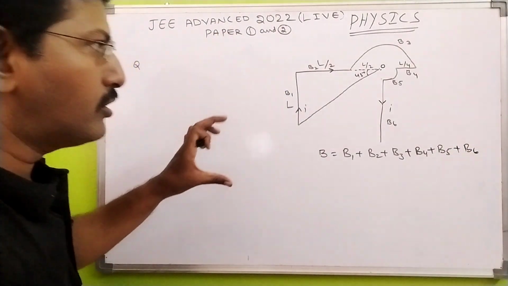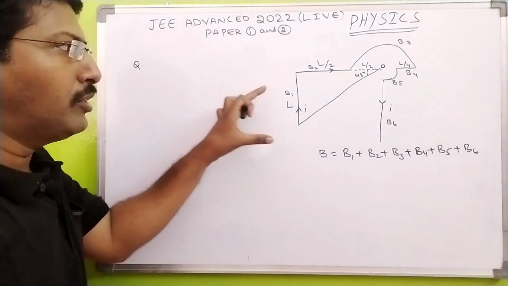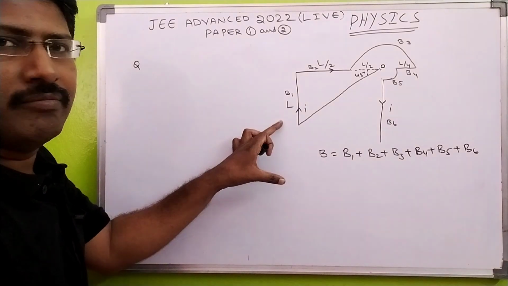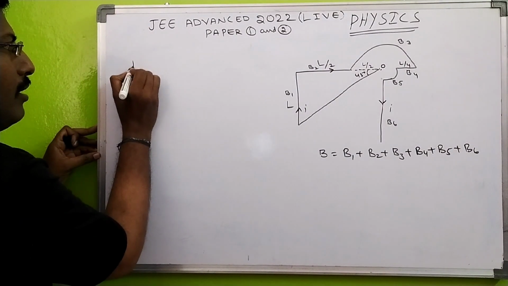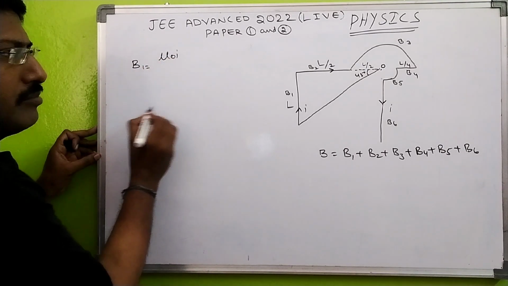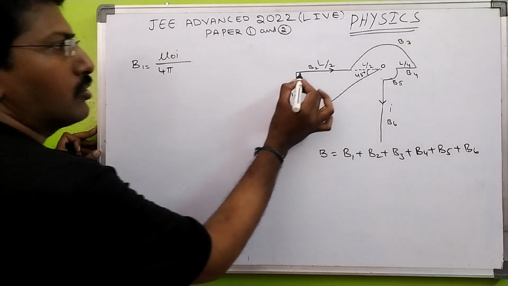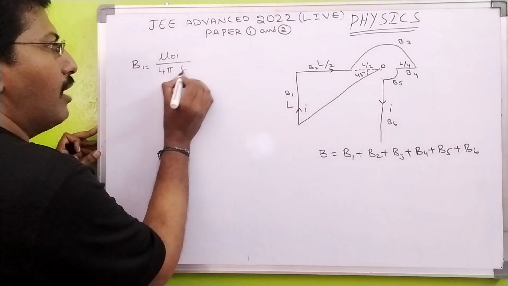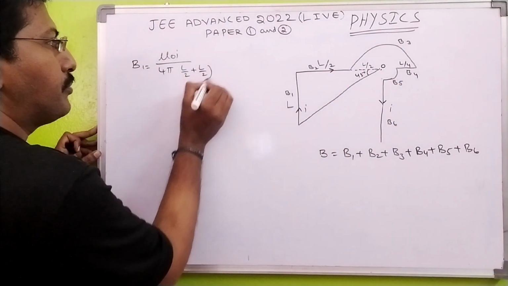Okay. So see here, first one B1, the magnetic field due to a finite wire at one end. In this situation, the formula is B1 equal to mu naught I by 4 pi L, from here to here L by 2, and from here to here plus L by 2.